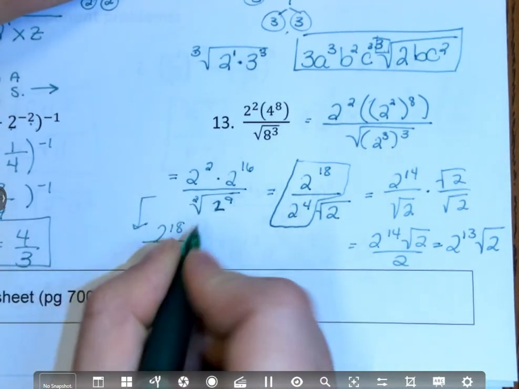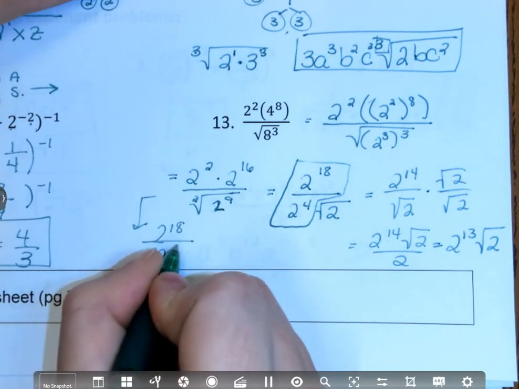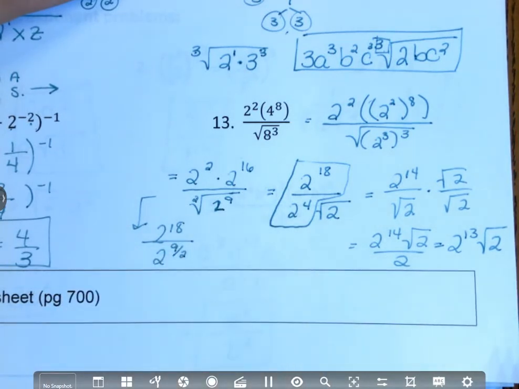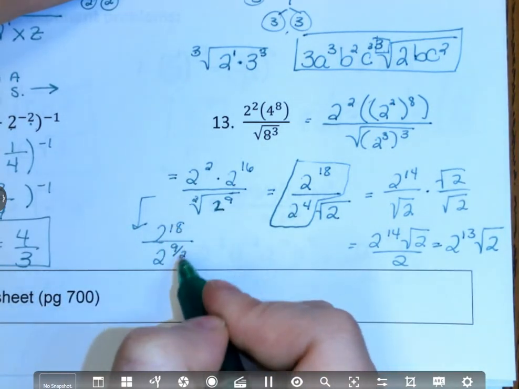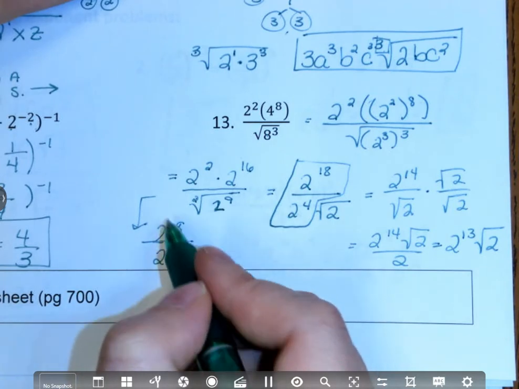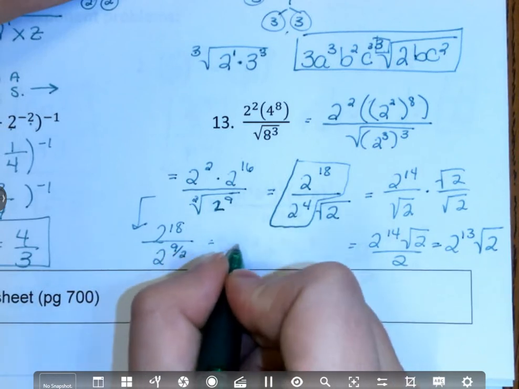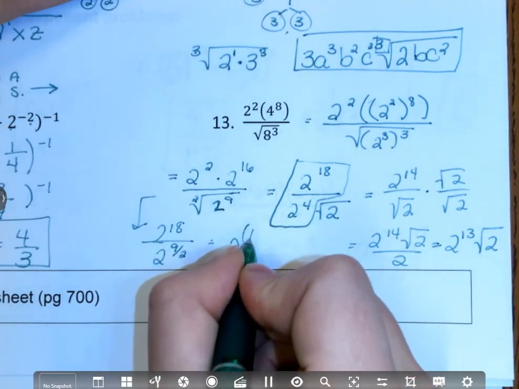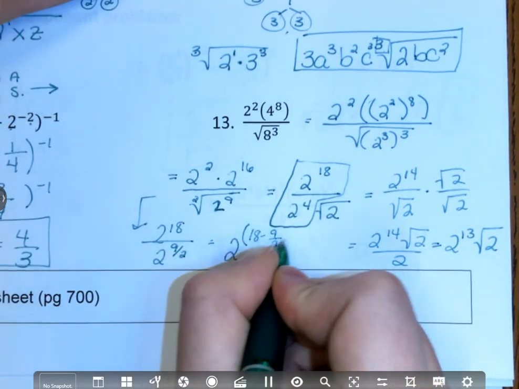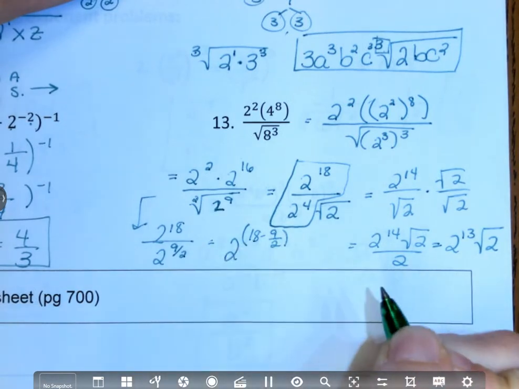Another way you could have done that is you could have said, all right, that's 2 to the 18th over 2 to the 9 halves. And what would you do with those two numbers? Subtract. So I could say 2 to the 18 minus 9 halves. So 18 is how many halves?